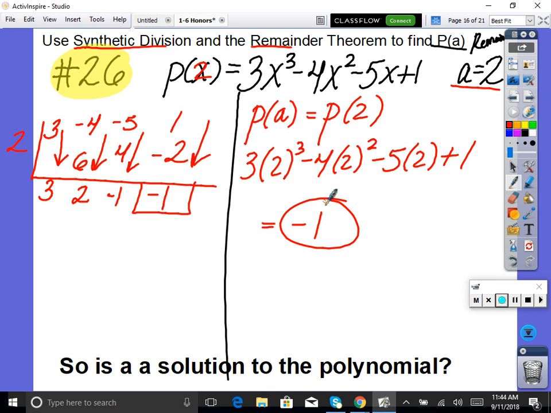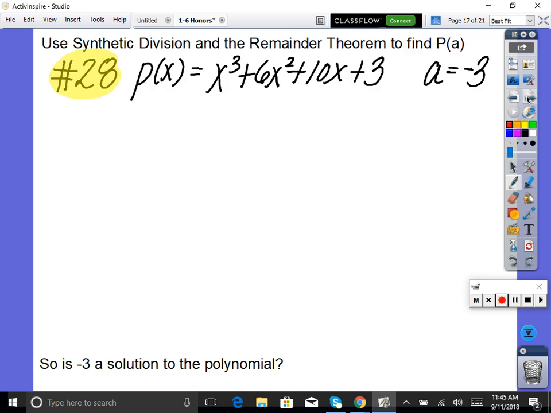If you didn't want to have to do long division in the future and I just asked you, is this a 0? You could just plug it in. No, the work is the answer. So you can literally on your homework just write "see other paper." But the work is the answer.